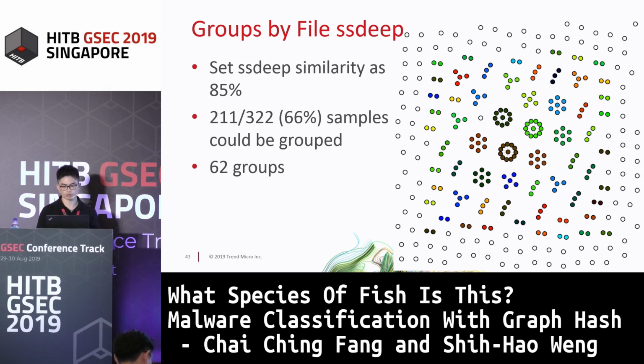And in this condition, 211 samples from 322 samples could be classified into 62 groups. It's about 66% grouping rate. And in the screenshot, the white points means the samples that don't get grouped.